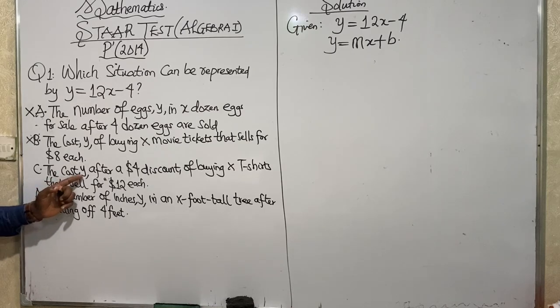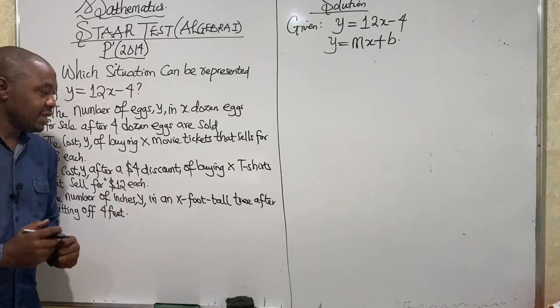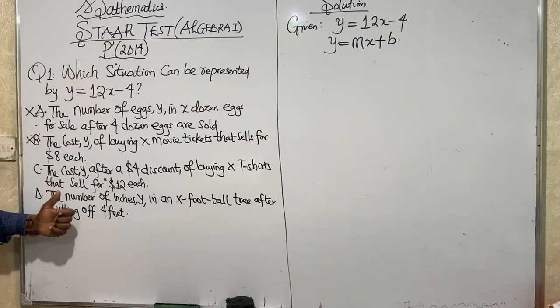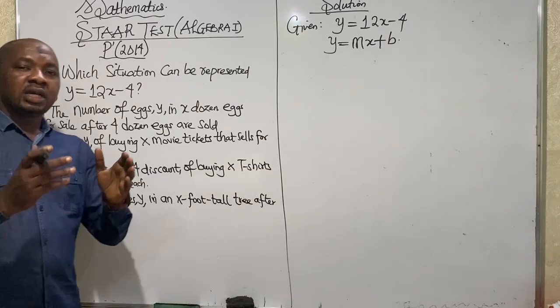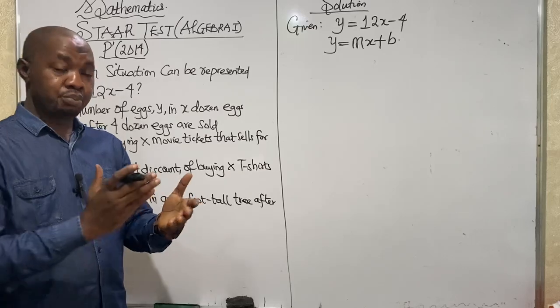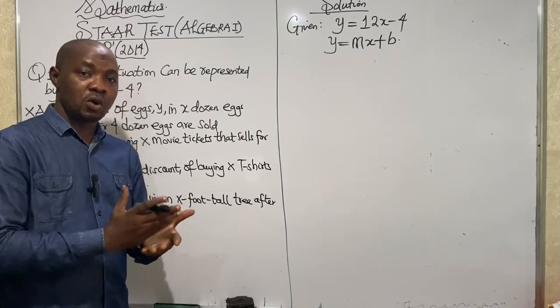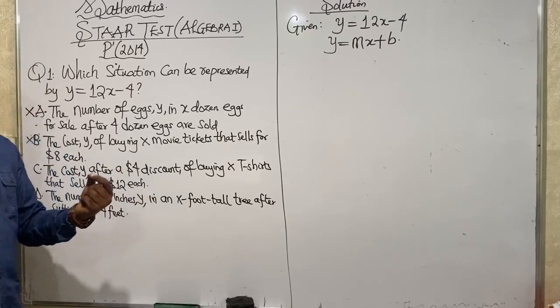So we have the cost y after a $4 discount of buying x t-shirts that sell for $12 each. In this case, we know that a discount is a reduction in the price of products, services or goods offered by a seller to a buyer.